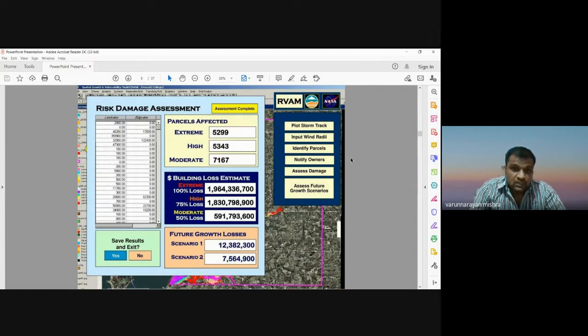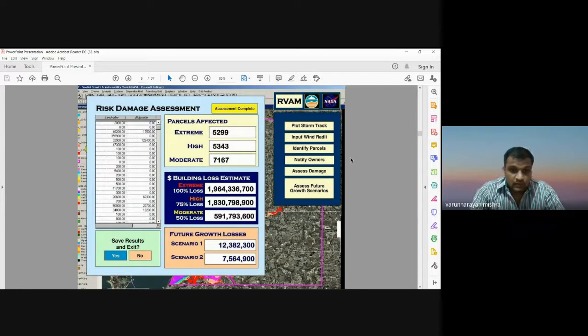So here you see, on the basis of the vulnerability assessment, 5299 houses are at extreme risk. Okay, 5343 houses or land are at a higher risk, and 7167 houses or lands are at moderate risk.